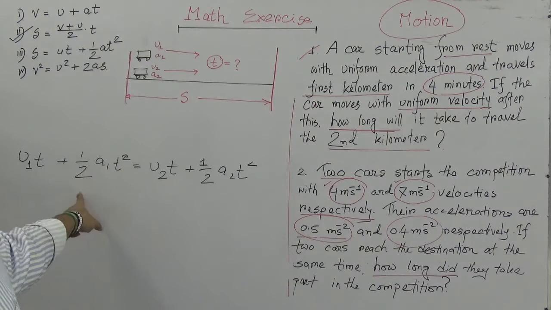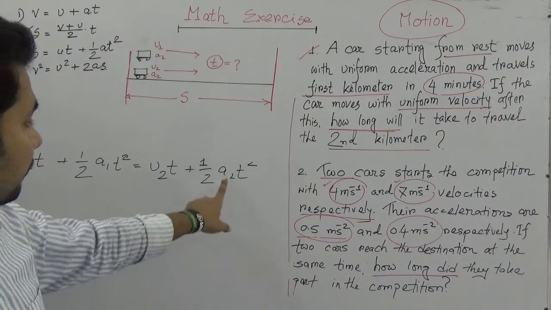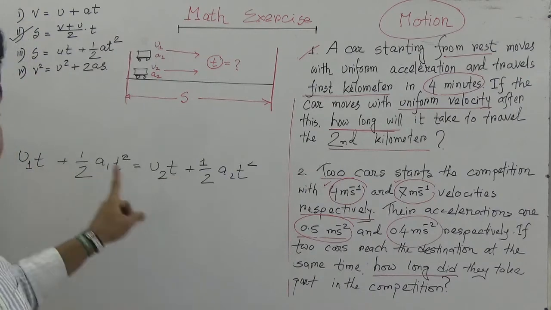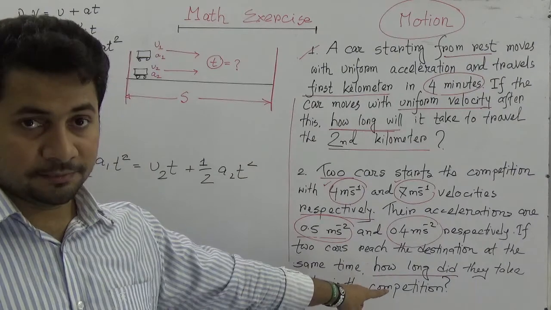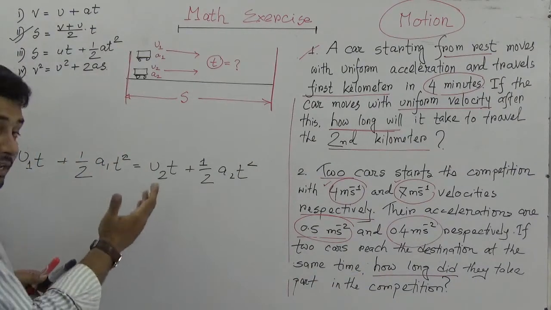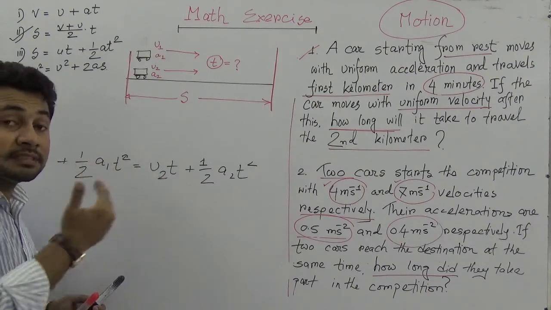Suppose an equation is given, and from that we have the data of 4 quantities, but we don't know the value of t, which was asked to find here. So how can we do it? Let's have the same type of quantities on the same side.